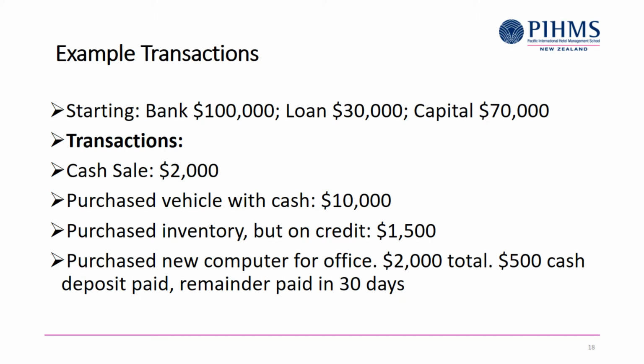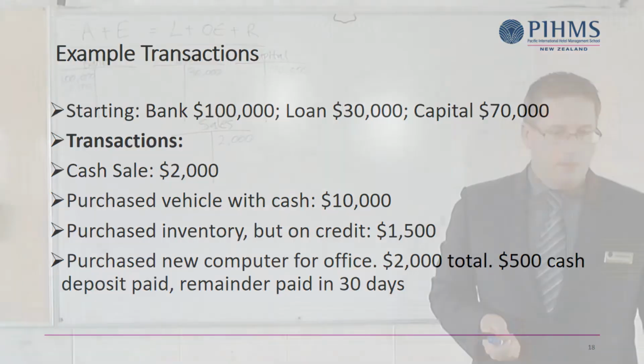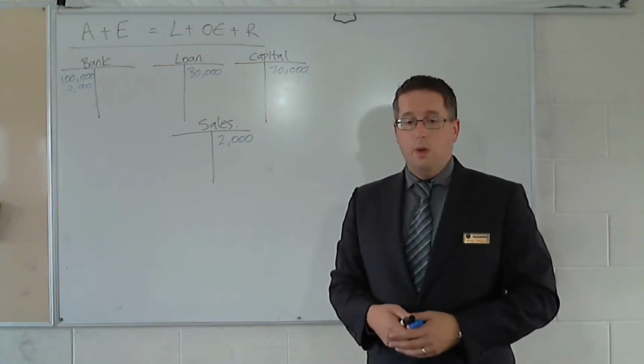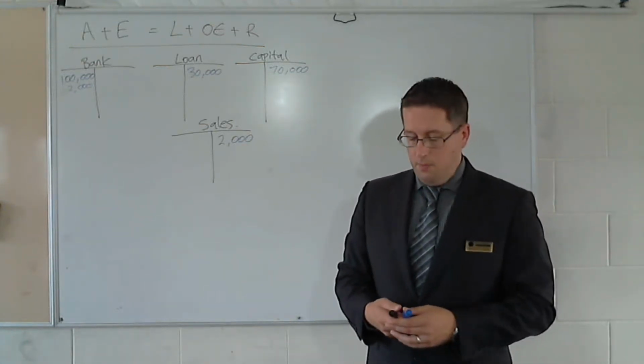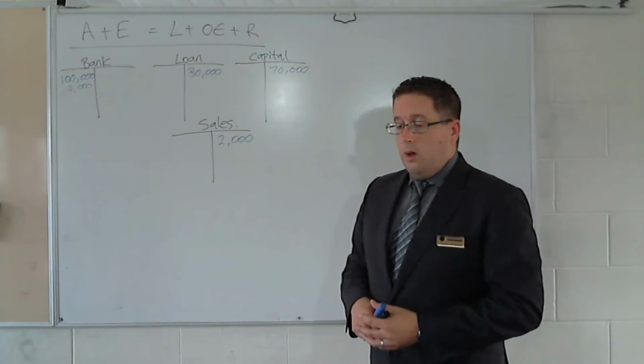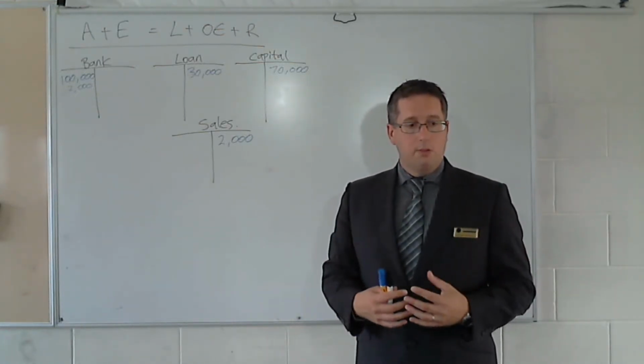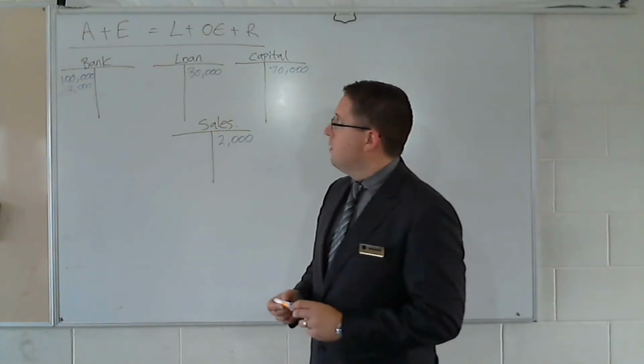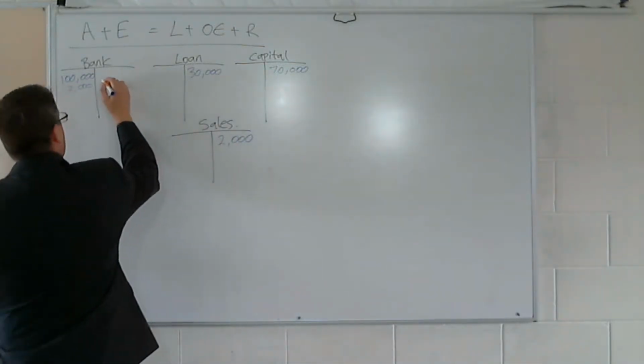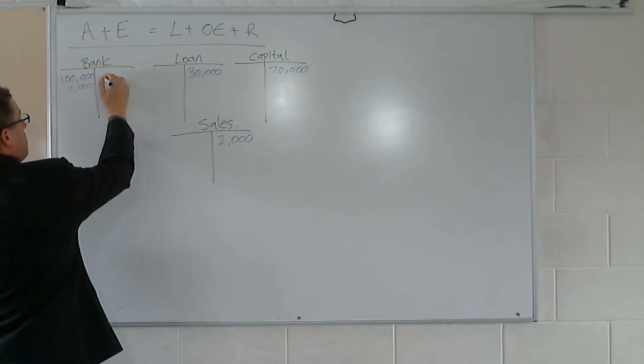Now the next one: purchased a vehicle with cash, using cash from the bank account. We need to think about what two accounts are involved. Again, the bank account is involved. We have paid money out of the bank. We've purchased a vehicle. What's happening to the bank balance? Bank balance has gone down. So bank balance going down, we put $10,000 credit.